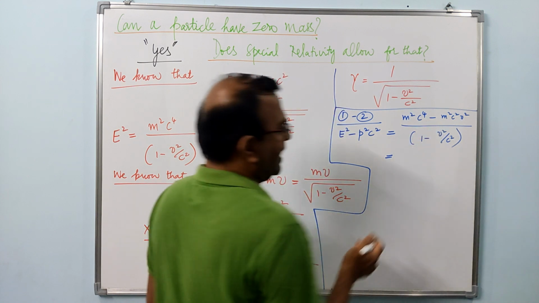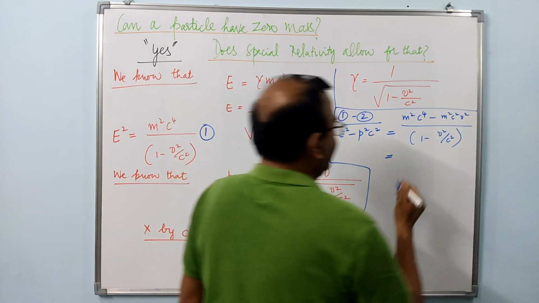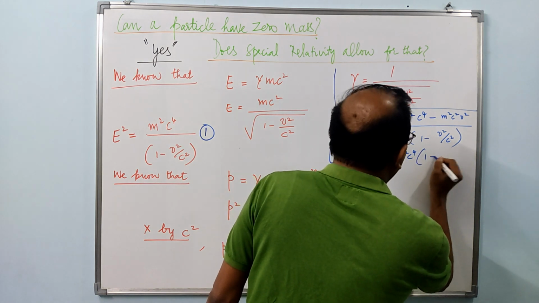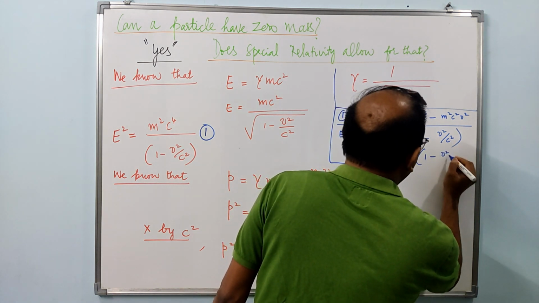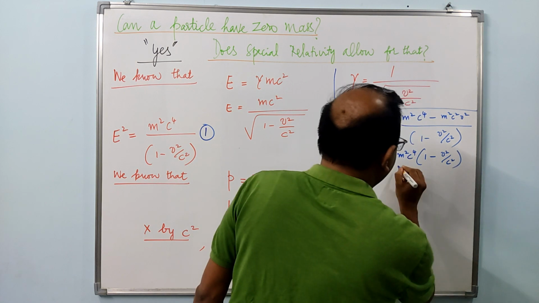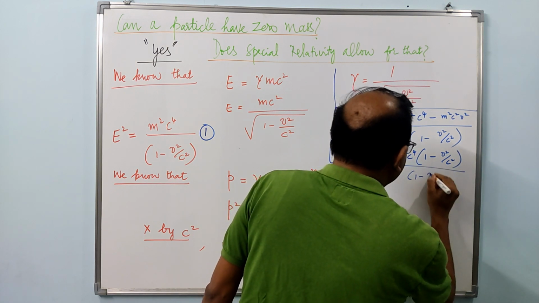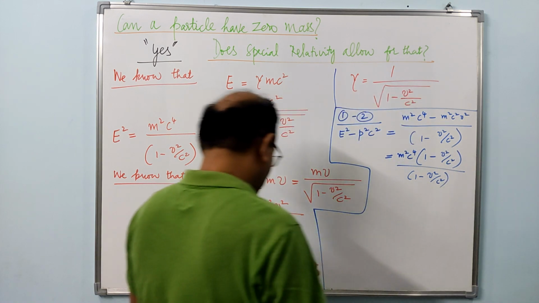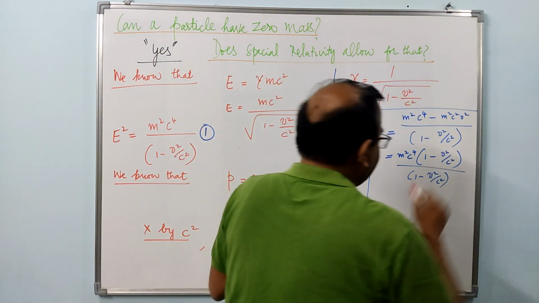So on the right hand side, if I take m squared c to the power 4 outside, I get 1 minus v squared over c squared on the numerator, and the denominator already has the same term, that is 1 minus v squared over c squared. So we can cancel these two terms.